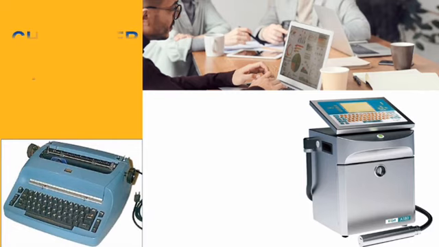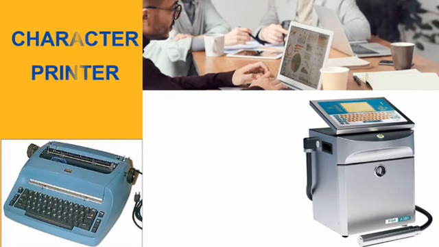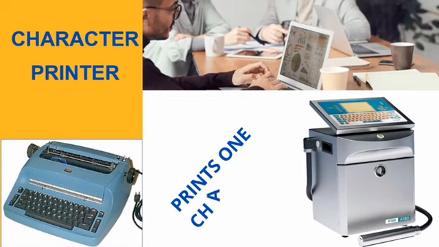Okay, the following are further types of printers. The first one is the character printer. This kind of printer prints one character at a point, so that means it's very slow in terms of printing. Most people don't use it these days because of the speed of the printer.